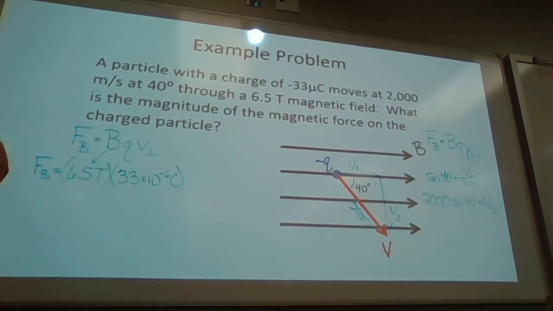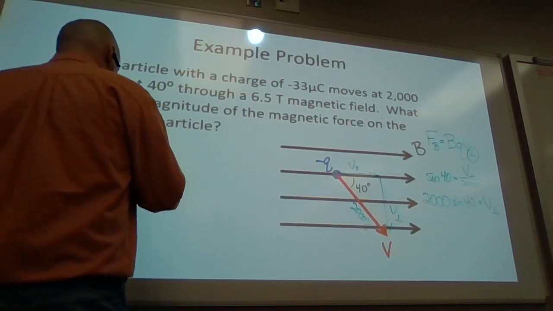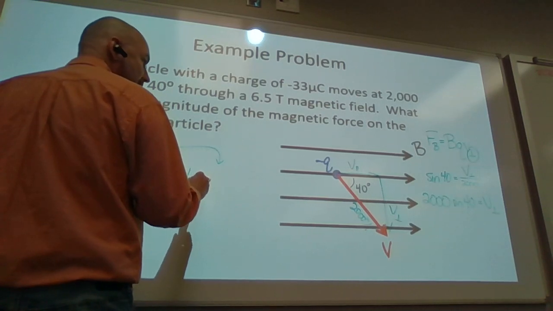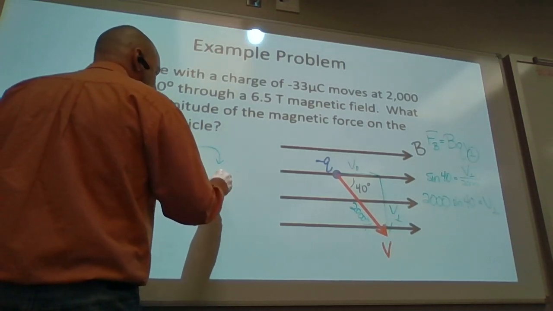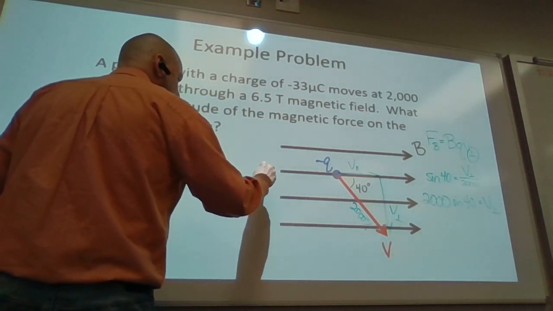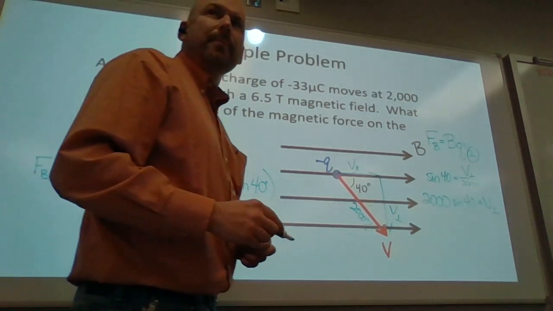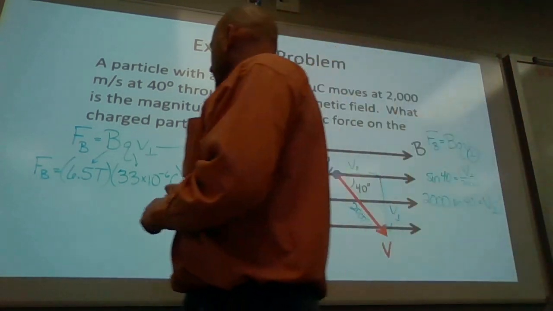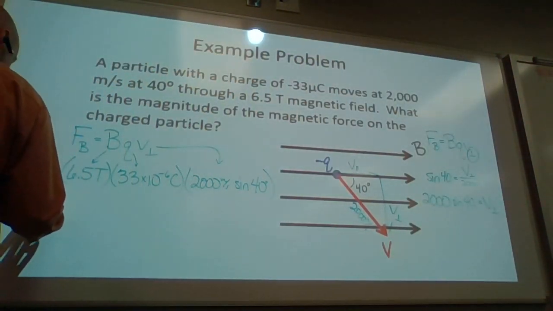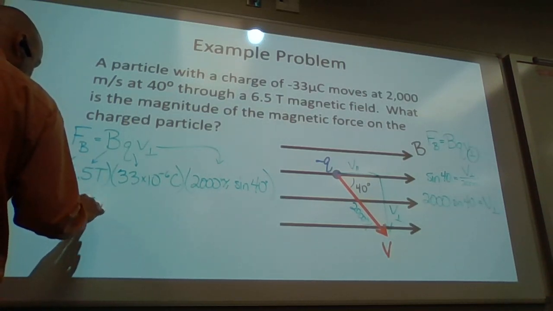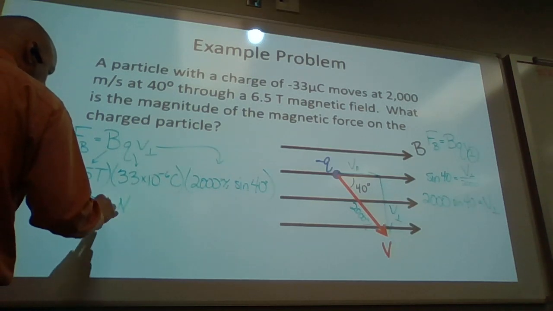Okay, and then for V perpendicular, what they do is they just go straight away 2,000 meters per second sine 40. Multiply all that together, and you get 0.28 newtons.